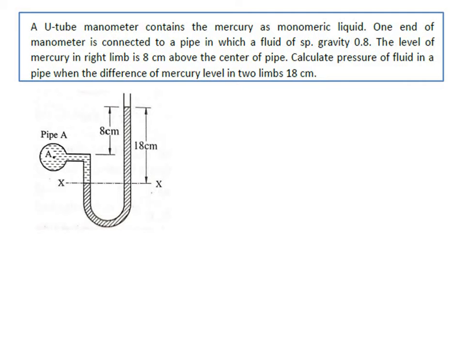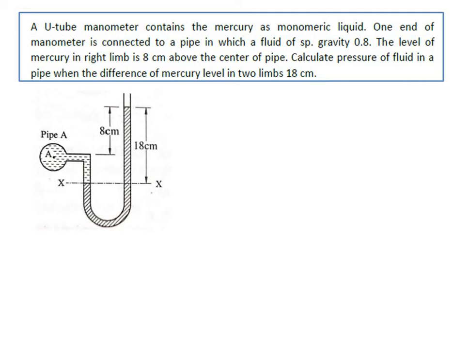Okay. Now consider this as a problem. A U-tube manometer contains mercury as the manometric liquid. One end of the manometer is connected to a pipe in which a fluid of specific gravity 0.8 flows. The level of mercury in the right limb is 8 cm above the center of the pipe. Calculate the pressure of the fluid in the pipe, with the difference of mercury level in the two limbs being 18 cm.